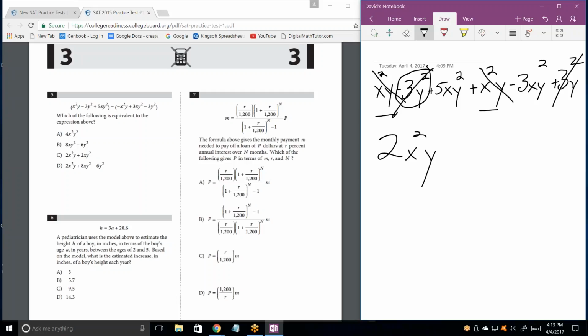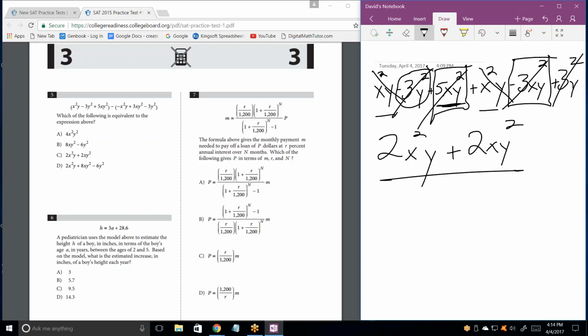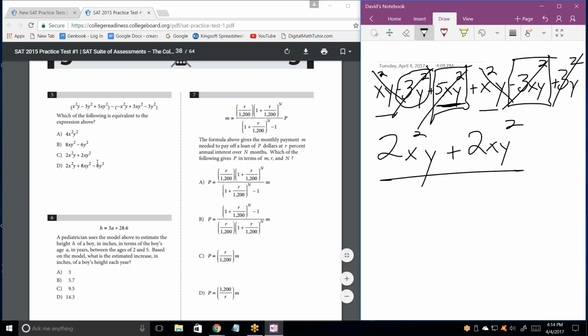And the only term left are these x, y squareds. And how many of those do we have? Two? Yeah. In other words, we're combining that term and that term, which gives us 2xy squared. And that's everything. There's nothing else there. So that's our answer. And that's number C.